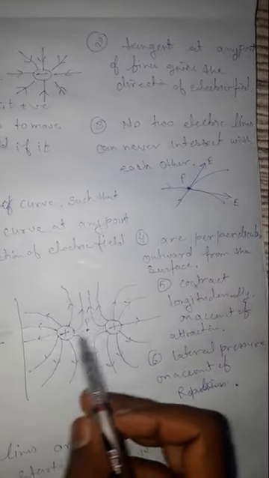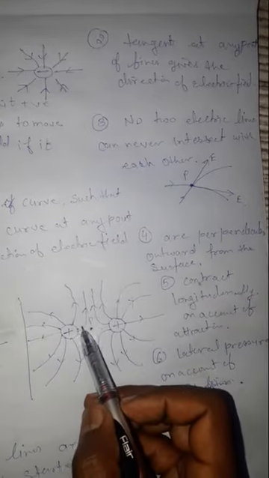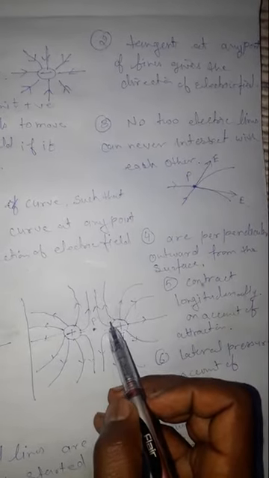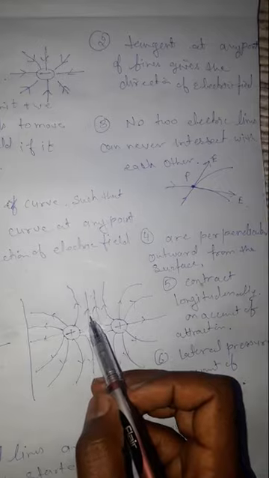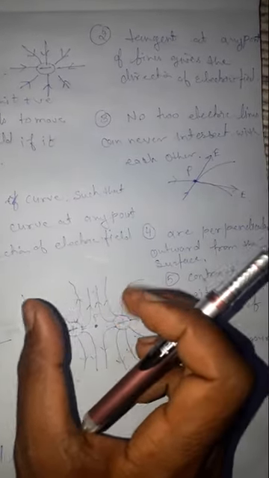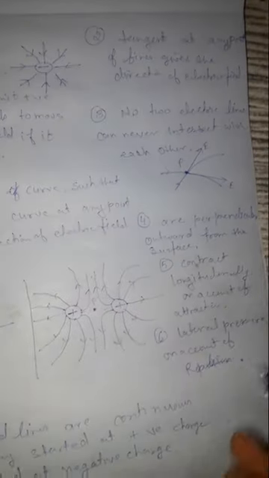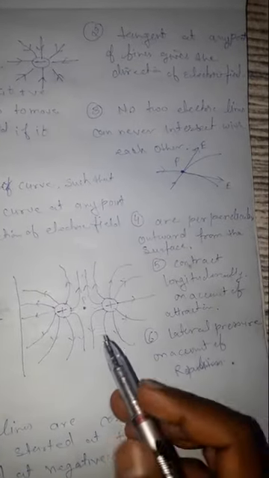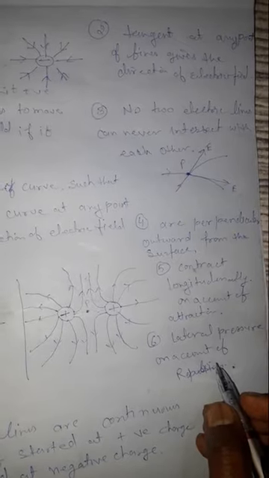If we have two similar charges, then these electric field lines exert a pressure on each other so that they repel. That is why we can say there is a lateral pressure on the field lines, because the two charges repel each other.